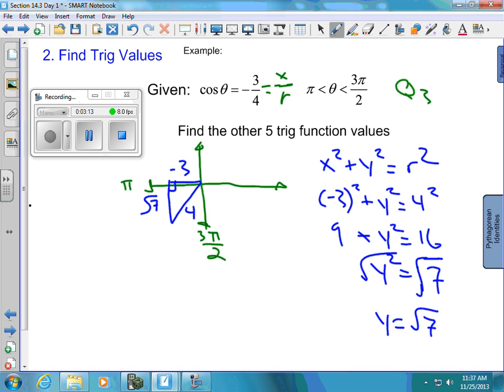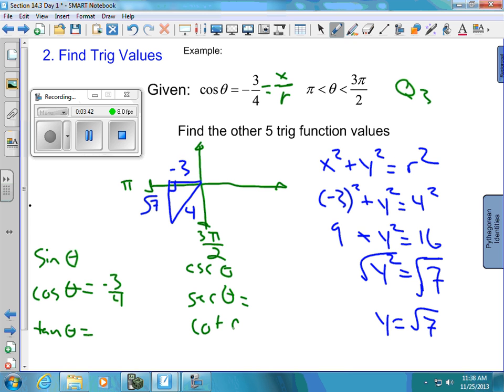So now that we know that side, we can find the other trig function values. We can find them all. Sine of theta, cosine of theta, we already know that is -3/4. Tangent of theta, and of course we can do the reciprocal functions, cosecant, secant, and cotangent.